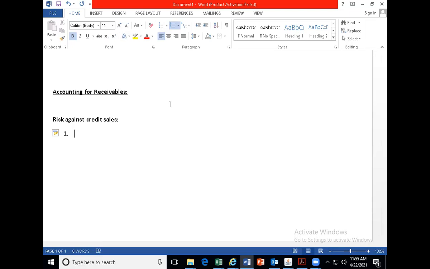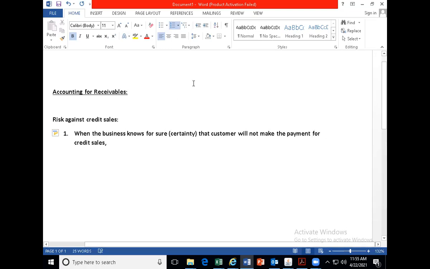That's when the business knows for sure, with 100% certainty, that the customer will not make the payment for credit sales. Okay, we sold the goods already, but the customer will not make the payment.